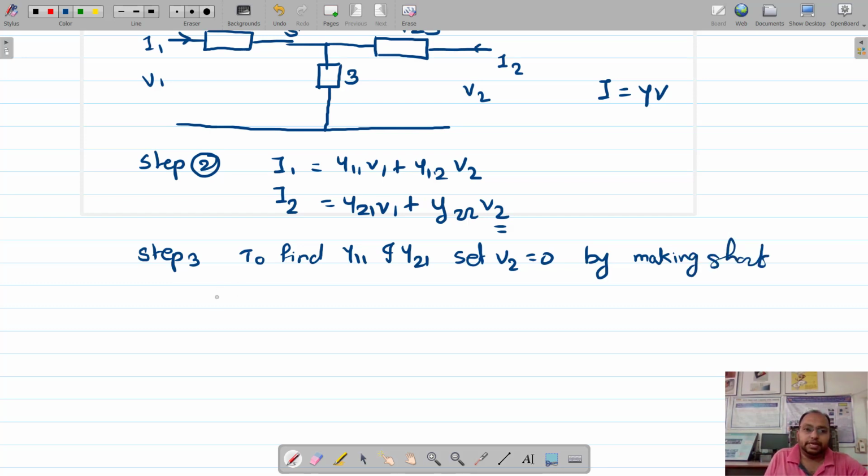After making the short circuit, this circuit diagram will have a different kind of connections, so let us draw that diagram.